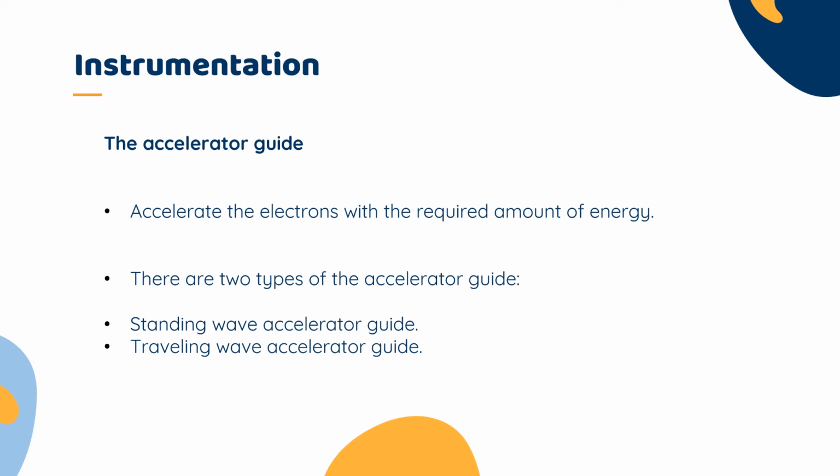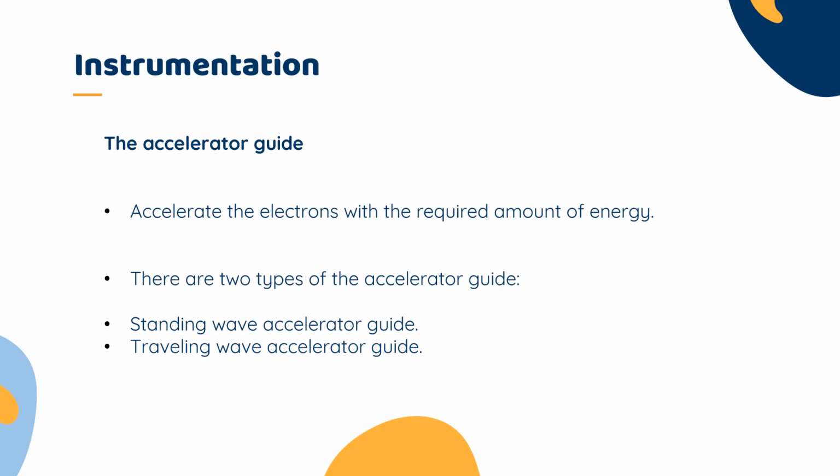The accelerator guide. The accelerator guide is a structure composed of several copper microwave resonant cavities to accelerate the electrons with the required amount of energy. There are two types of accelerator guide: standing wave accelerator and traveling wave accelerator.